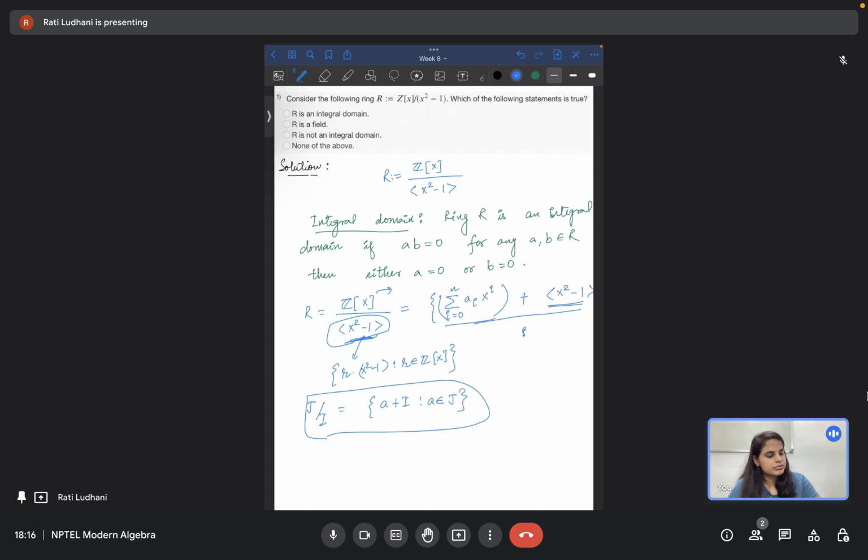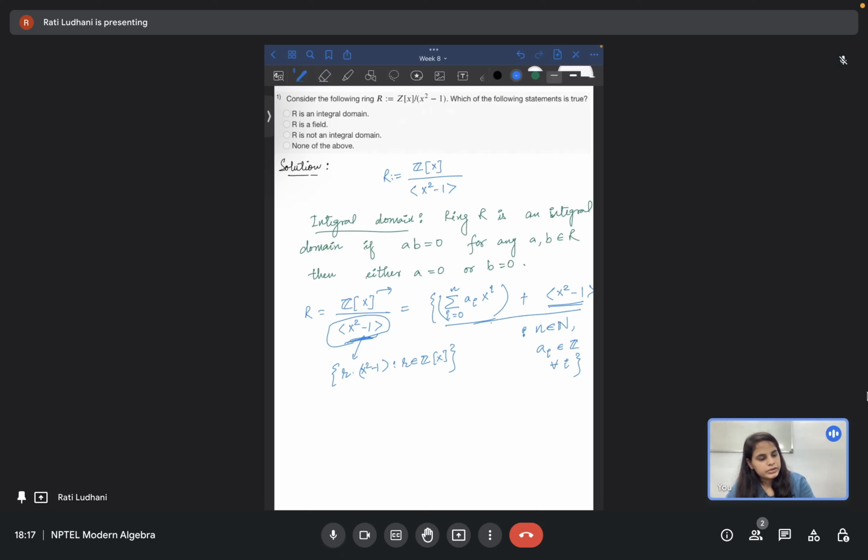From the definition of Z[x], we can write f as the sum of a_i x to the power i, with n a natural number, because a0 could be 0 and a1 could be 0, where a_i belongs to Z for all i.